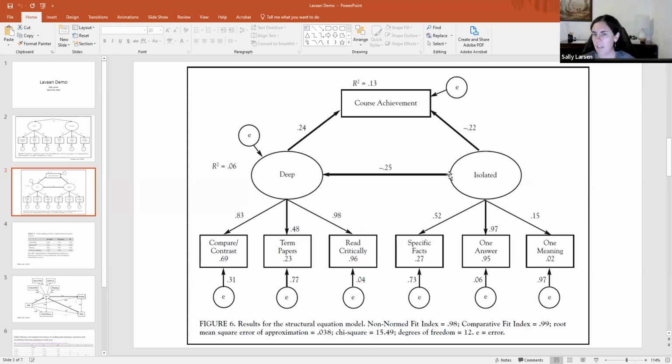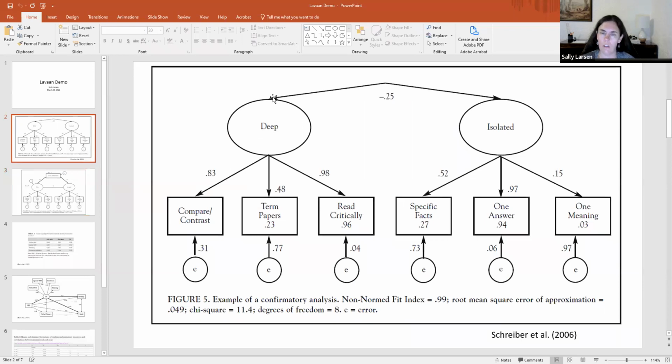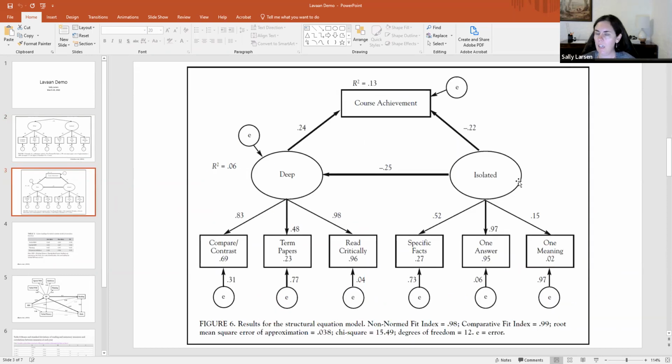If you notice the difference here, before this was just a correlation between the 2, no directional relationship, just 2 domains that are correlated. Here, the theory is that isolated learning predicts deep learning and also predicts course achievement, and that deep learning predicts course achievement as well.